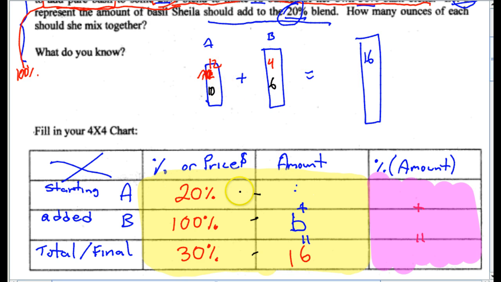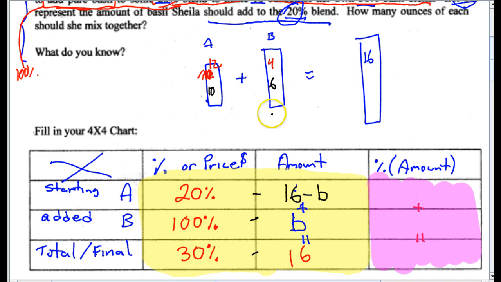So the way to figure out what amount of A we have is really just to do our final minus whatever B ends up being. B is 4, and we know we have 12. If B ends up being 6, we know this amount's going to be 10. We don't know. That's the problem.